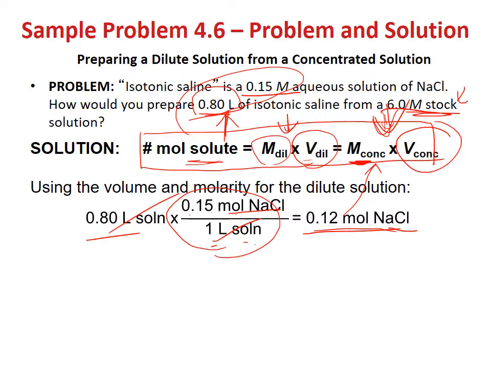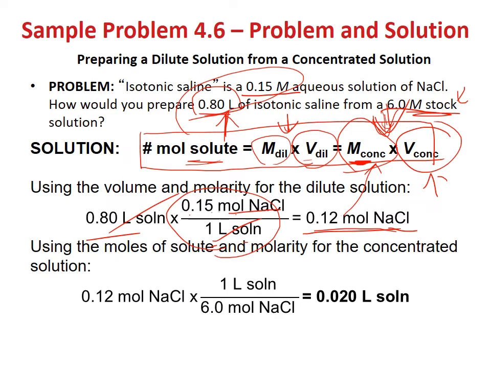And we have 6 molarity of concentrated solution, so volume can be calculated. We start with 0.12 moles of sodium chloride in the concentrated solution, and we use 6 molarity as a conversion factor, but this time we write it inverted, as liters per 6 moles of sodium chloride. So moles of sodium chloride cancel each other, and that gives you the volume in liters, which is 0.02 liter of solution.